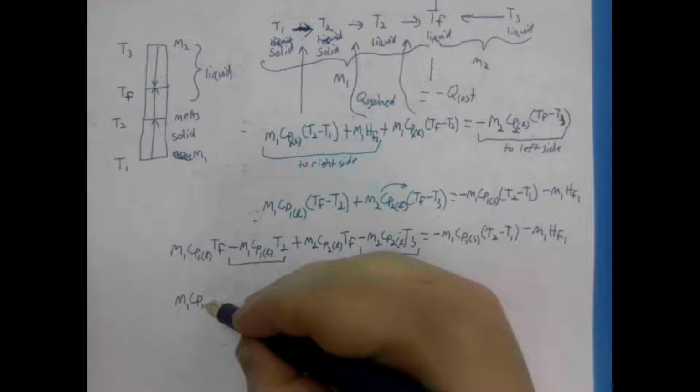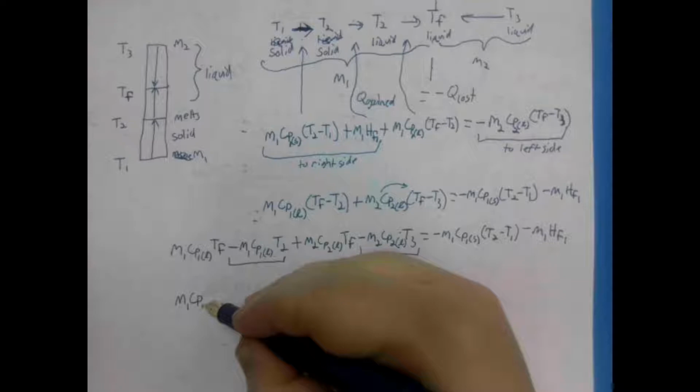And this would equal, moving these to the right side, M1 CP1L T2 plus M2 CP2L T3 minus, now on the right side, M1 CP1 solid times T2 minus T1 minus M1 HF1.